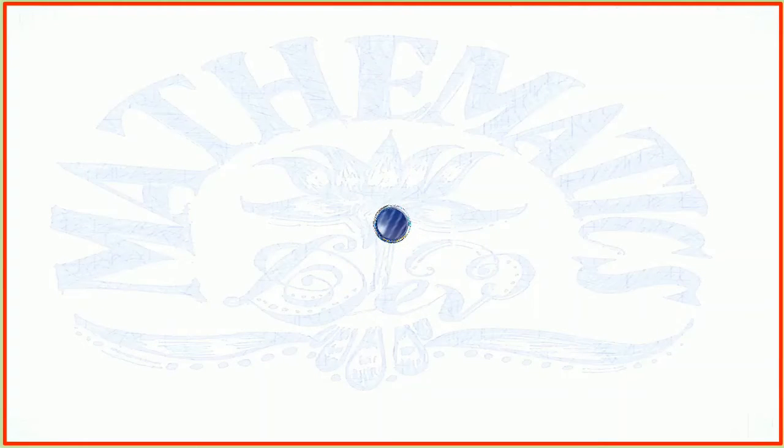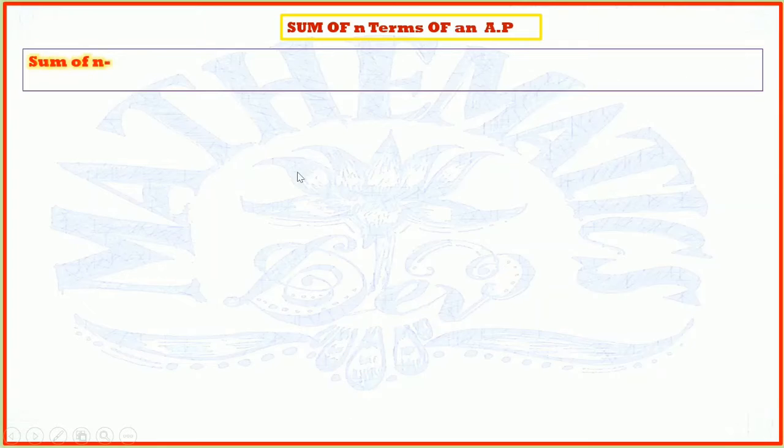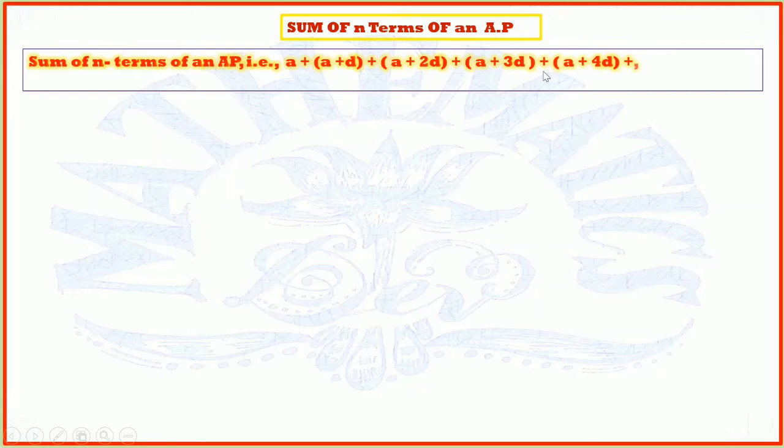Let us move to our next topic, the last but very important topic, that is sum of n terms. Sum of n terms is denoted by capital S with suffix n, that is the sum of n terms of an AP: a, a plus d, a plus 2d, a plus 3d, a plus 4d.